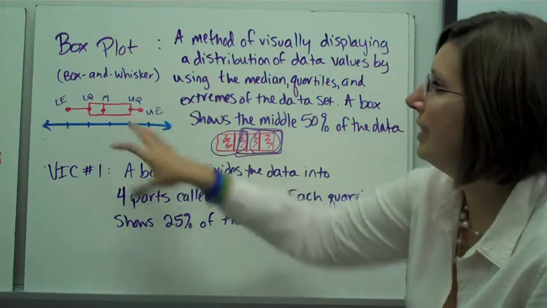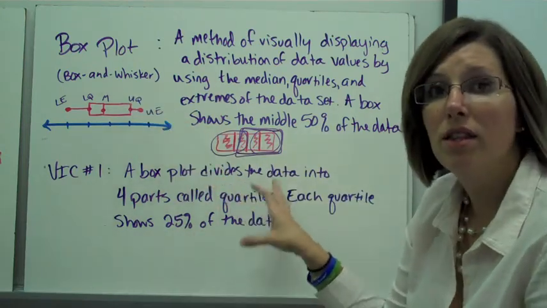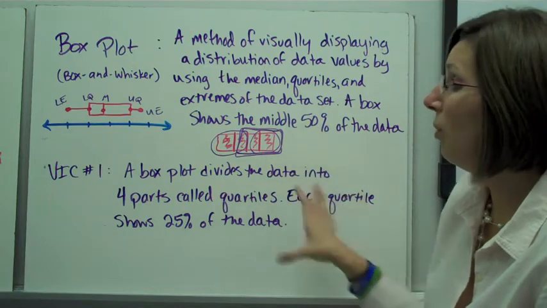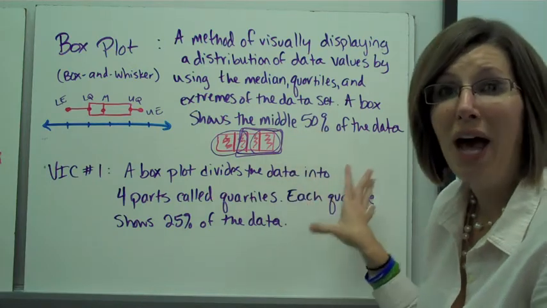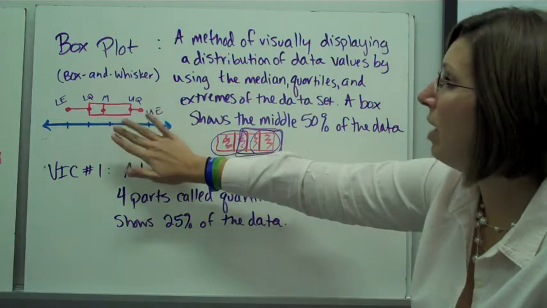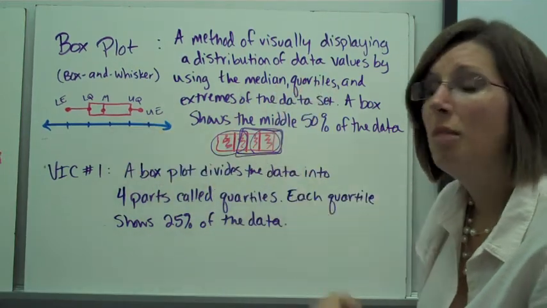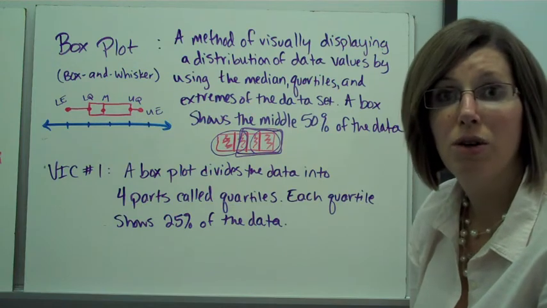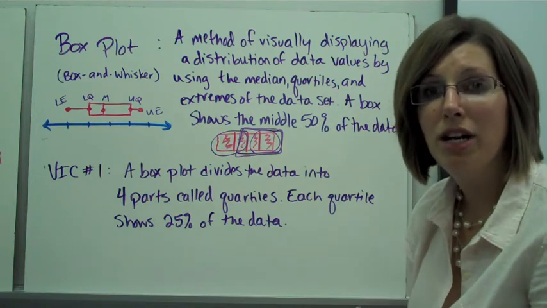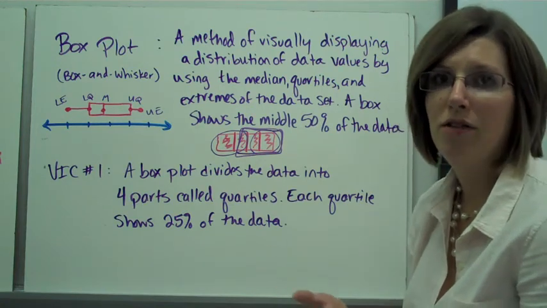So all of that data is important for us, and what we're going to do today is really just focus on how to create a box and whisker plot from the 5-number summary. But later on in some other videos, you'll get some more information about how to interpret different graphs.